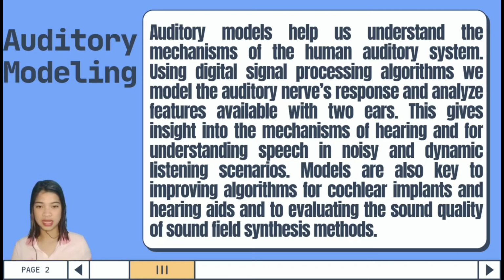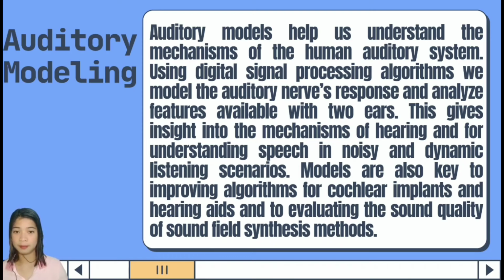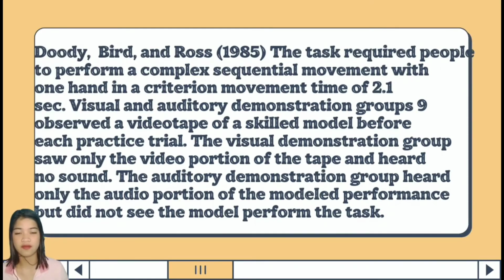For these types of skills, auditory modeling is a form of demonstration that seems to work best when the goal is movement time or rhythm. A good research example of the effectiveness of auditory modeling when the goal is a specific movement time is an experiment by Bird and Ross, 1985.